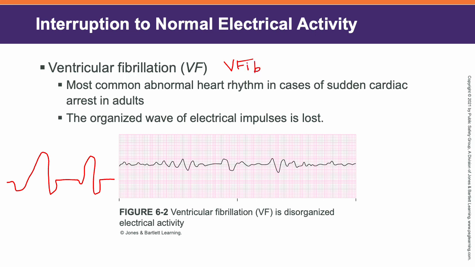VFib, ventricular fibrillation, is the most common abnormal heart rhythm in cases of sudden cardiac arrest in adults. Those are cases where the heart suddenly stops due to an abnormal rhythm. All it means is that the organized wave of the electrical impulse is lost.